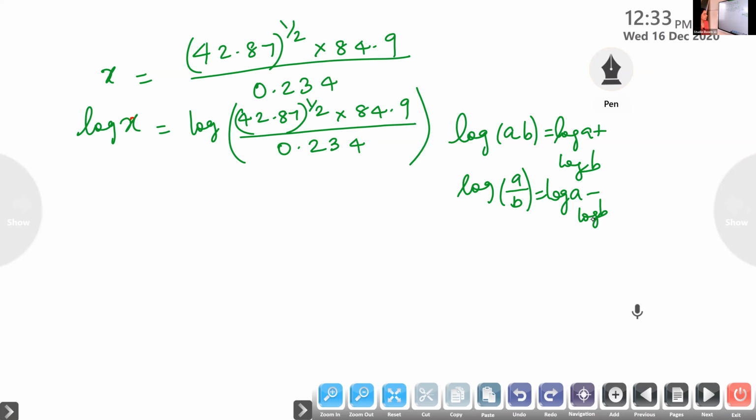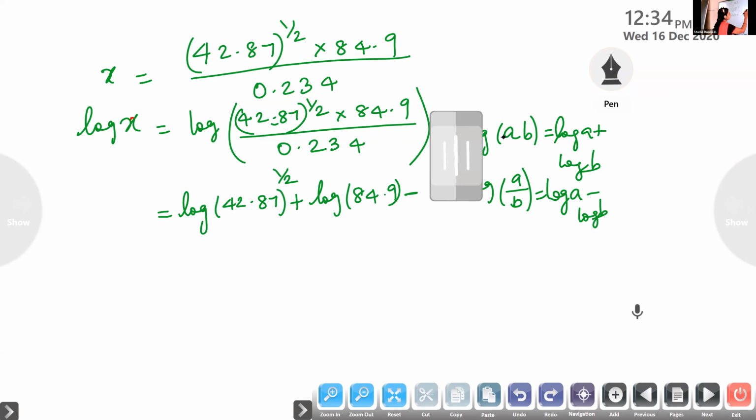Now listen. Look at the numerator, it is in product. So log of 42.87 whole raised to half, plus, this is in product, so log of 84.9. If it is in multiplication, we put plus.